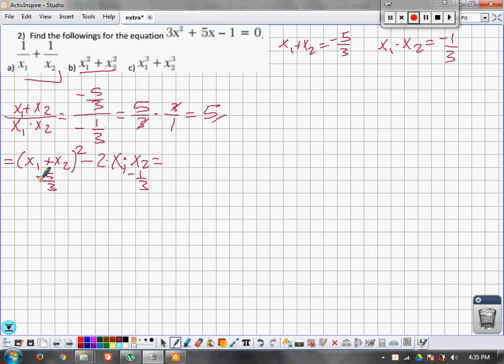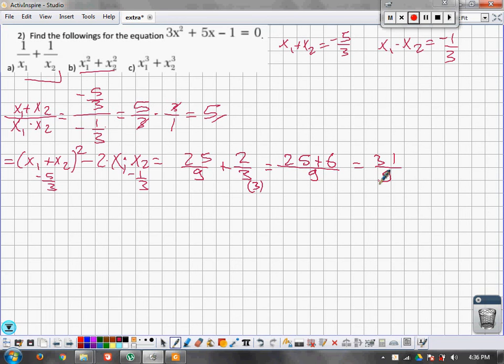So the square of this one, minus will be plus, so I don't need to worry about minus. 5 squared, 25 over 3 squared will be 9, not 6, 9. Here, minus 2 times minus 1 over 3. Minus will be plus. 2 times 1 over 3 will be 2 over 3. After that, to add them, you will multiply this one by 3, which is 25 plus 3 times 2, 6 over 9. Denominators will be same, 31 over 9.